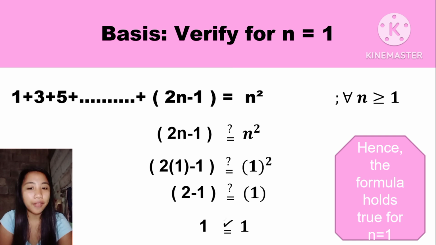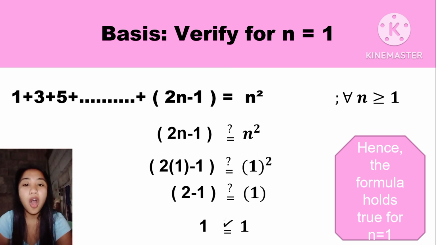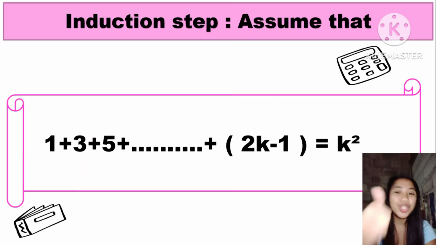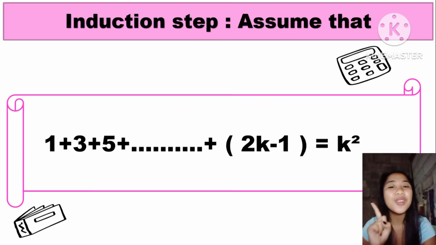By further simplifying, we now have 1 plus 3 plus 5 plus ellipsis plus 1 is equal to 1. Hence, the formula holds true for n equal to 1. Good job, everyone! We are now done with our first step.